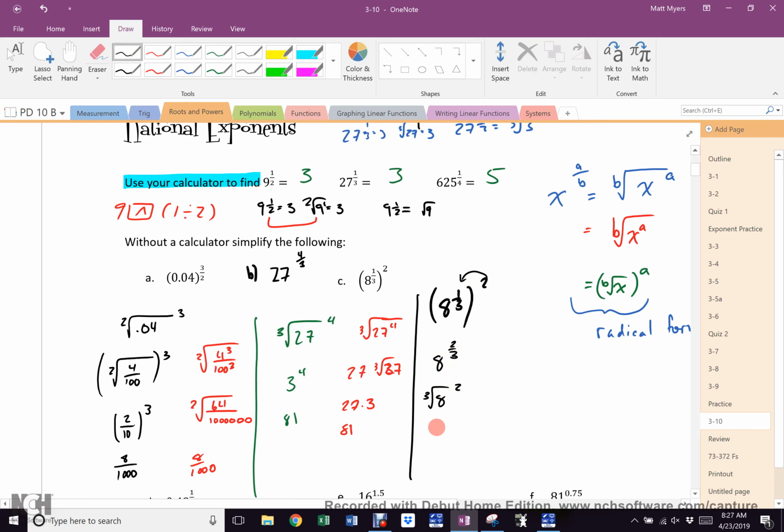What is the cubed root of 8? 2 squared is 4. Now, I could also look at this as the cubed root of 8, because this, 8 to the 1/3, is right there, squared. Everybody understand? Cube root of 8 we know is 2. 2 squared we know is 4. You make this decision. Okay?